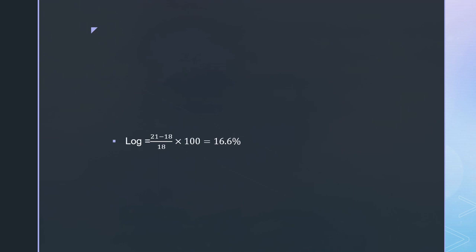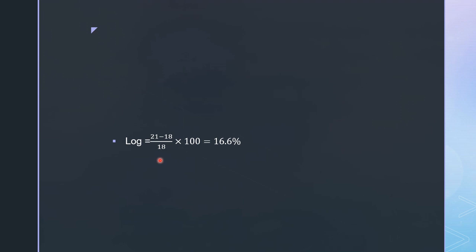so this is the solution for log. For 2003 the value is 18 and for 2004 the value is 21. So 21 minus 18 divided by 18, that is final value minus initial value divided by initial value, into 100, so we get 16.6%. So the maximum percentage increment is in the year 2003 to 2004, because the difference is maximum in this period.